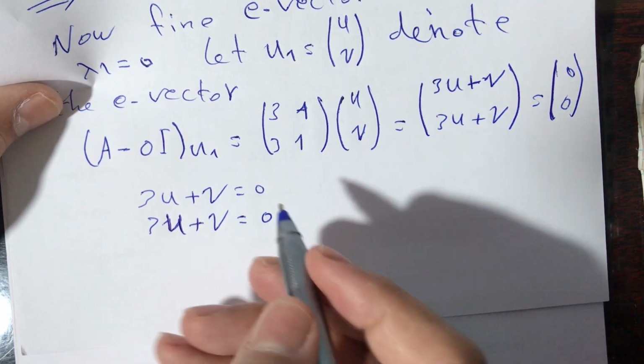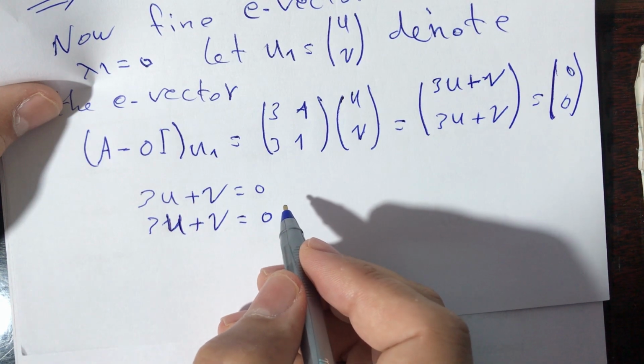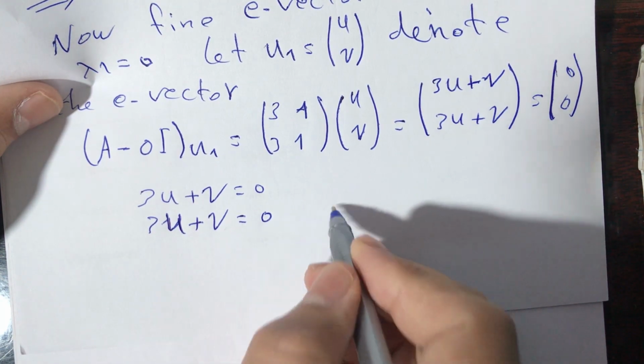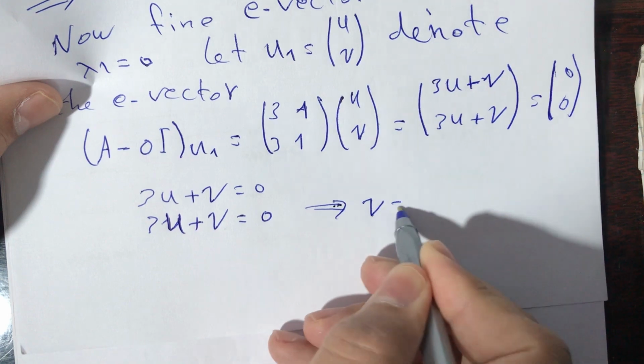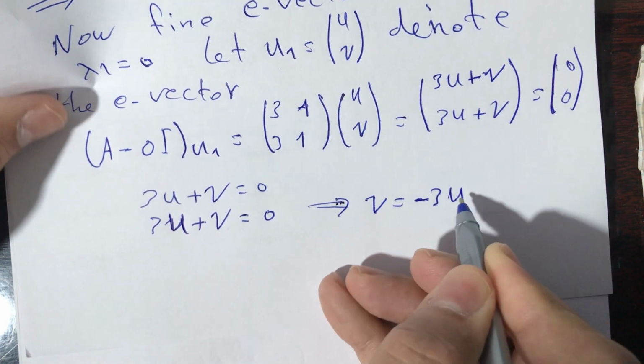So this has infinitely many solutions. This implies v is equal to minus 3u.